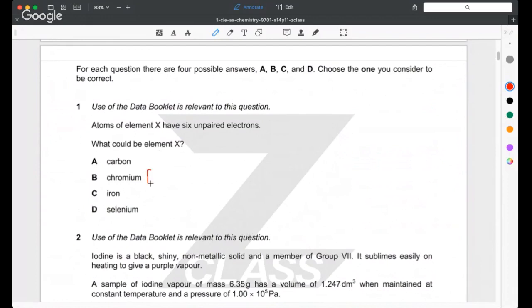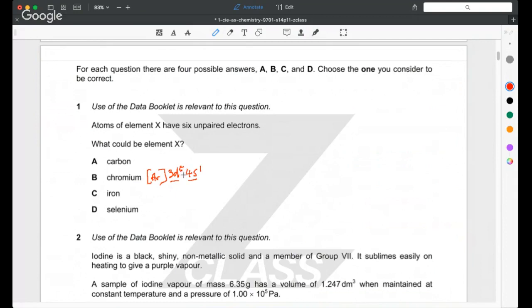when you come to chromium, that's the argon core, and then what you find is if you write out the remaining electron configuration for chromium, it has this electron configuration. There's stability associated with half-filled subshells. You can see that the D subshell there is half-filled, and the S subshell is half-filled.